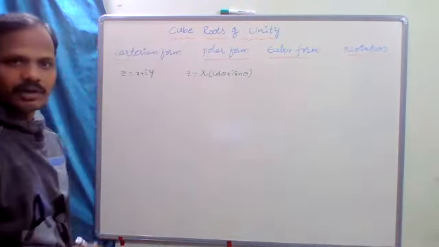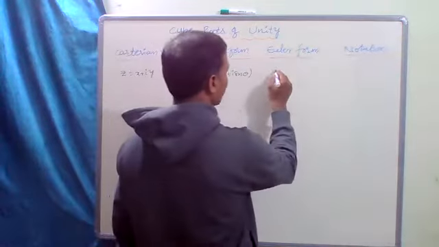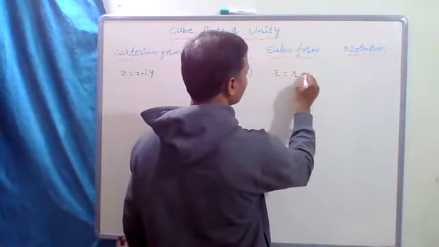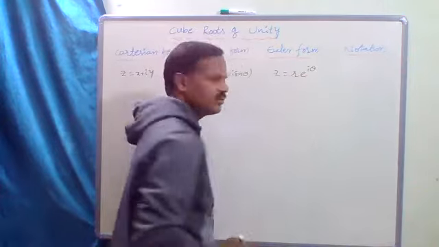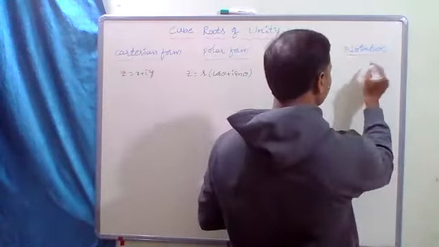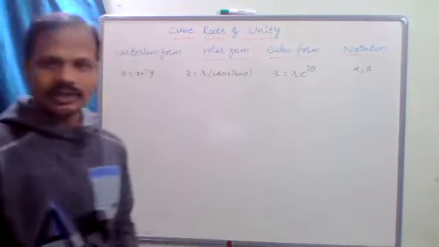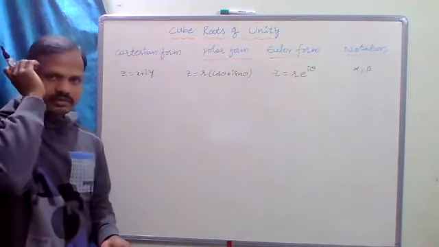Euler form is z equal to r into e power i theta. Now notation: generally the roots are denoted by alpha, beta, like that.